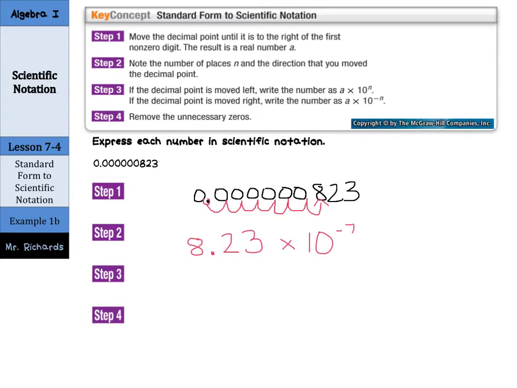So when I talk about combining these 4 steps into 2 steps, well, we rewrote our number, we counted our decimal points as 7 spots to the right, and as it says, if you move your decimal point to the right, write the number to the negative exponent, and we did. We removed the unnecessary zeros in the process, and 8 and 23 hundredths times 10 to the negative 7th is our correct answer.